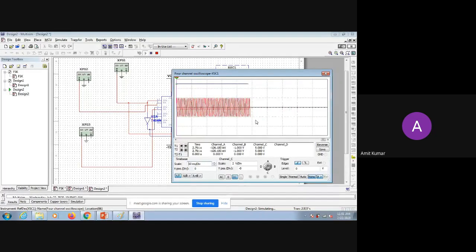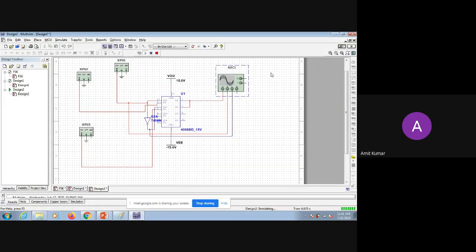In this figure we are not finding this, so I will share another screen. Just a minute. So this circuit is not working with 13.0, but it is working with 14.0. So I will share that screen with you.